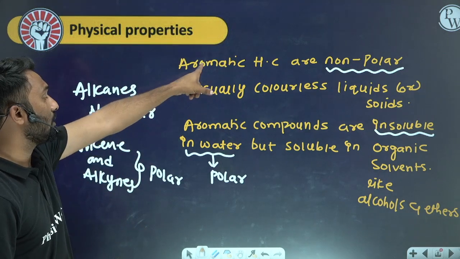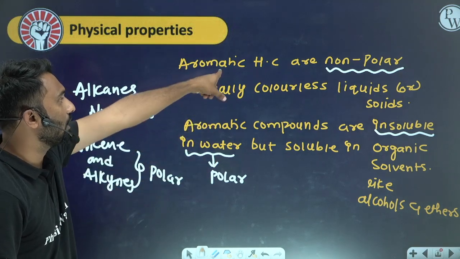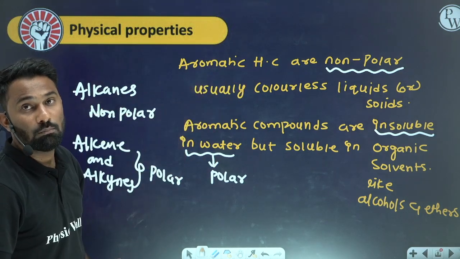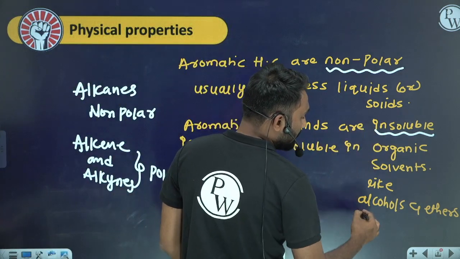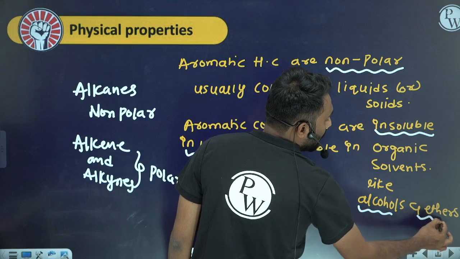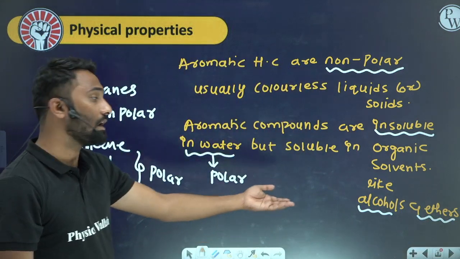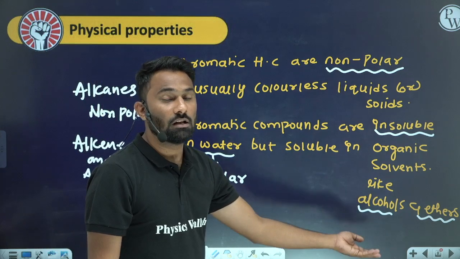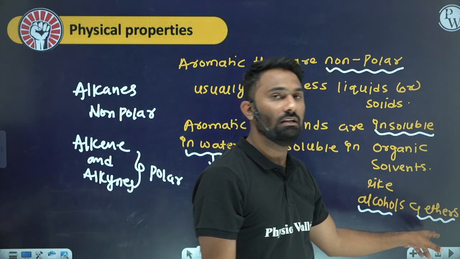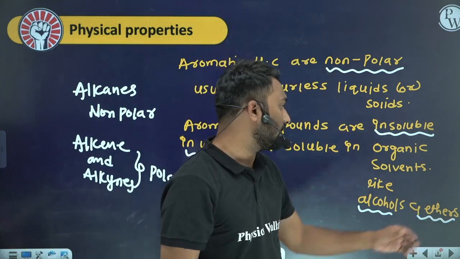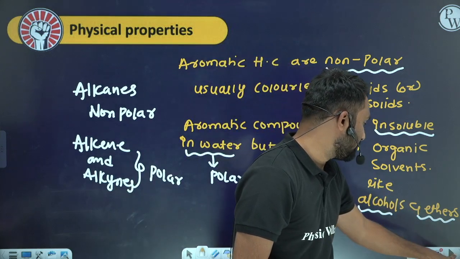But aromatic hydrocarbons will not dissolve in water, because water is polar and aromatic hydrocarbons are non-polar. But they are soluble in organic solvents like alcohols and ether. Even though these are polar, in organic solvents this is ether and alcohols. Okay? Next.